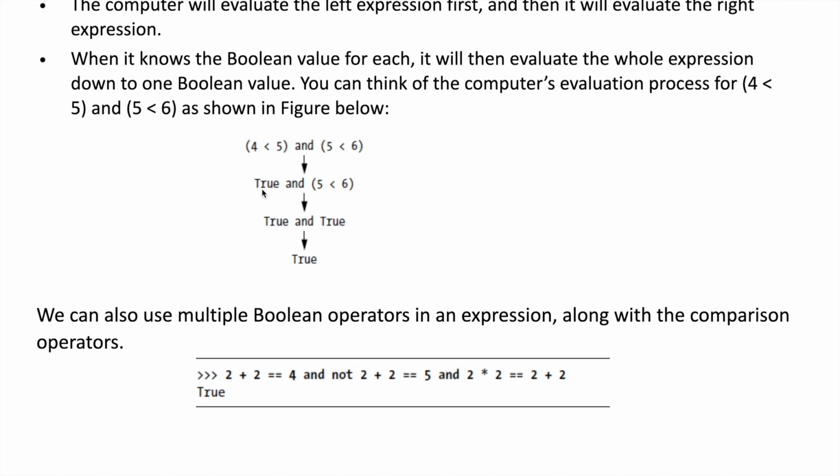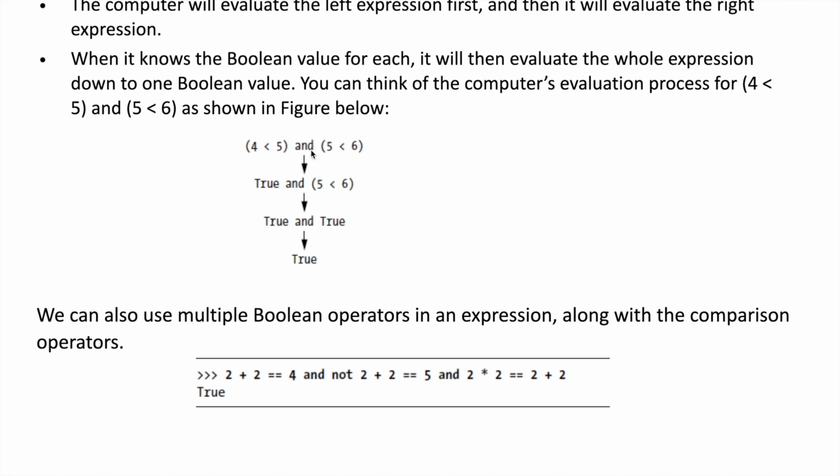It evaluated the first. Next, it evaluated the right. Then the final result. Getting my point? So the computer will take the left expression first, then it will evaluate the right expression.